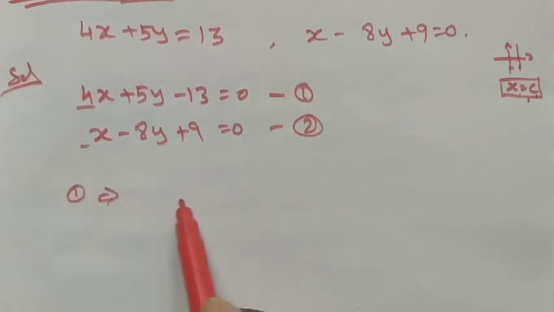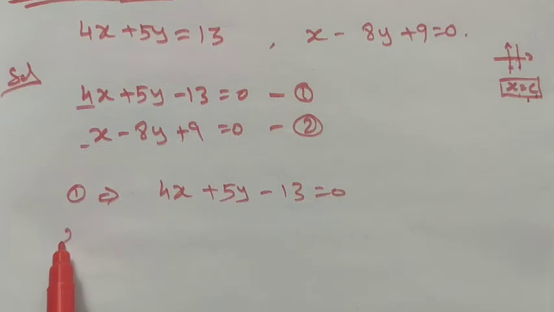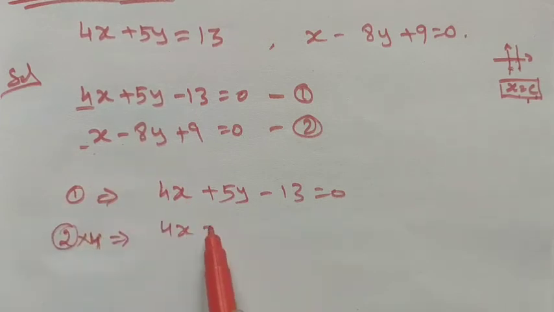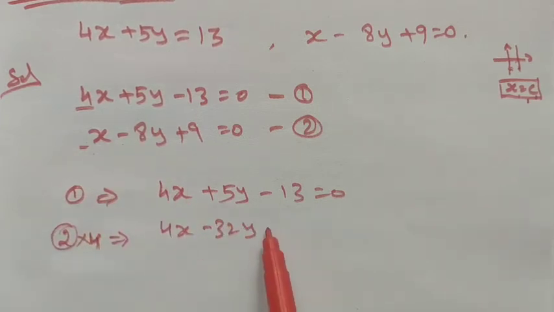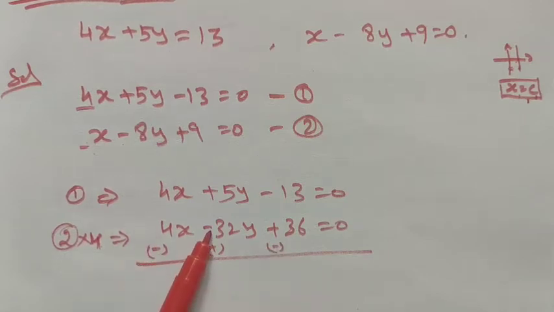First equation as it is: 4x plus 5y minus 13 equal to 0. Second equation multiplied by 4, we get 4x minus 4 8s are 32y plus 4 9s are 36 equal to 0. Now when we subtract, we have to change the symbols. Here we have plus, so minus. Here we have minus, so plus, and then minus.